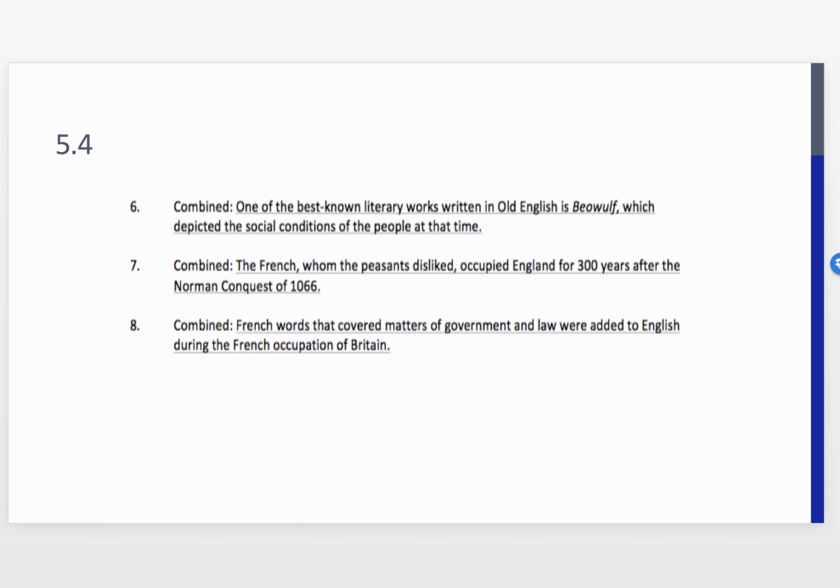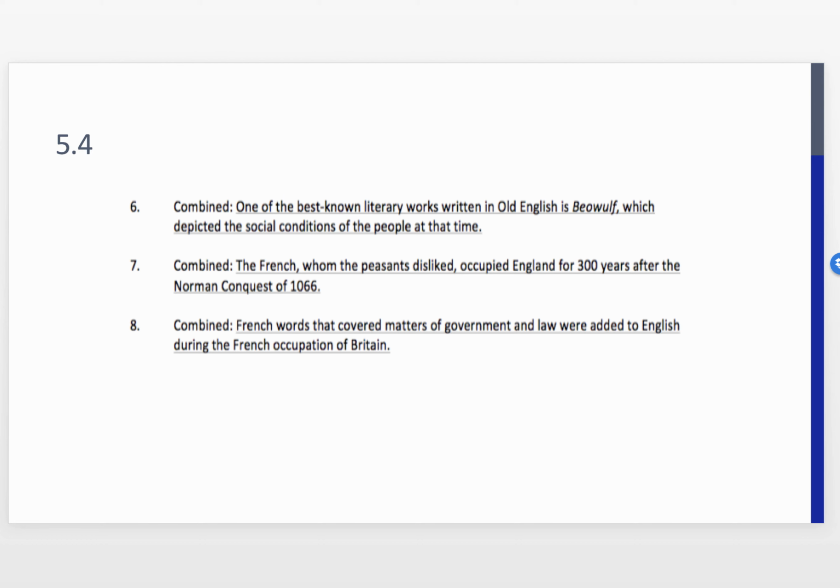And so that second clause gives us more information, comma, which depicted the social conditions of the people at the time. And number 7, the repeated noun is the French. So we'll take the information from the second clause and insert it following the noun in the first.